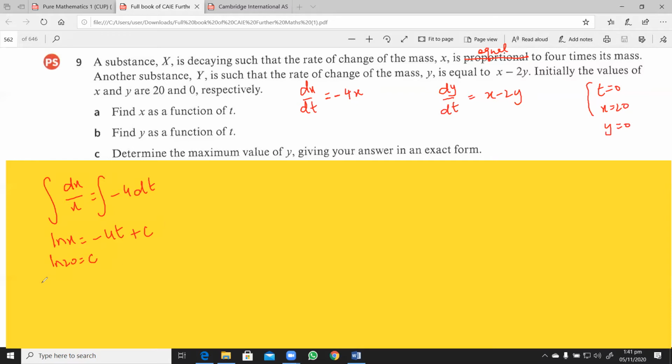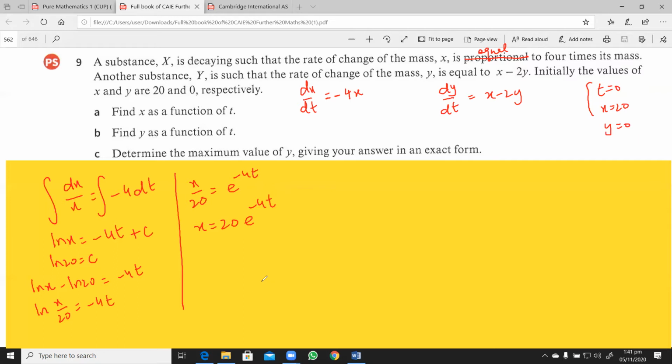So we have ln x minus ln 20 equal to minus 4t. ln x over 20 is minus 4t. So x over 20 is e raised to power minus 4t. So x is going to be 20 e raised to power minus 4t.